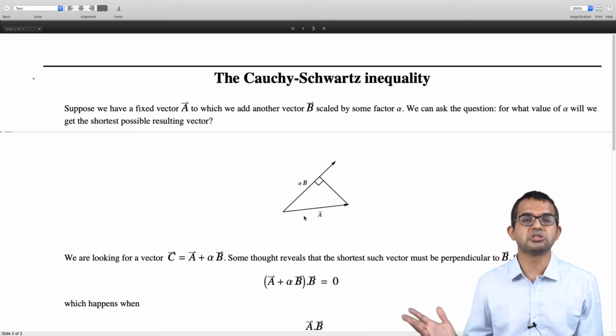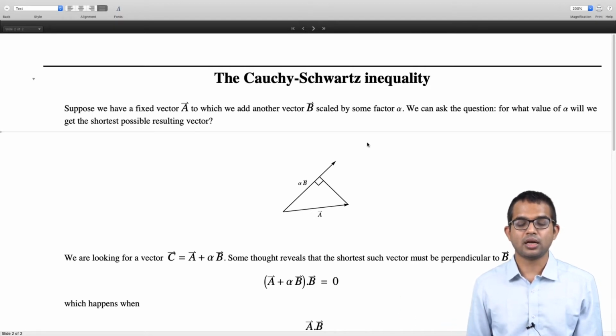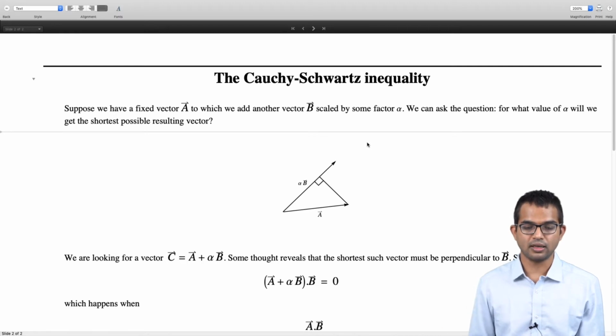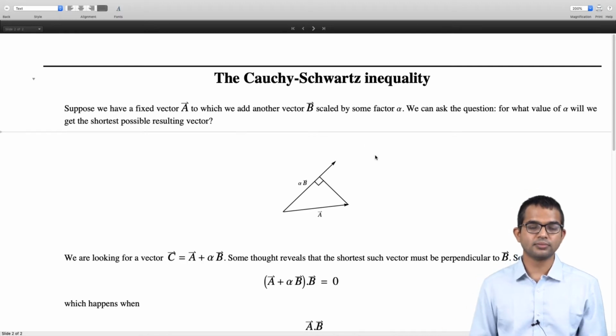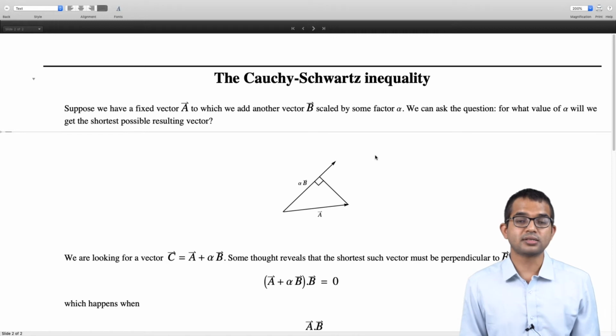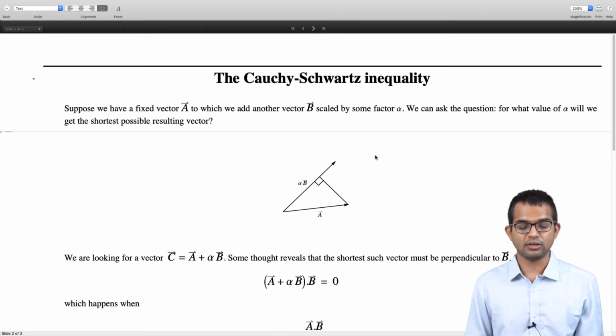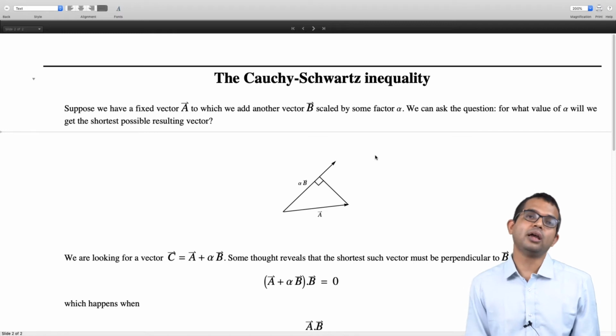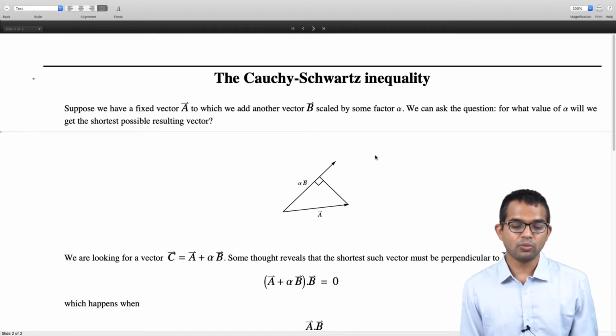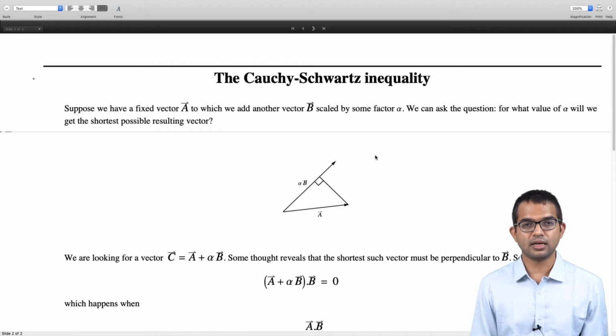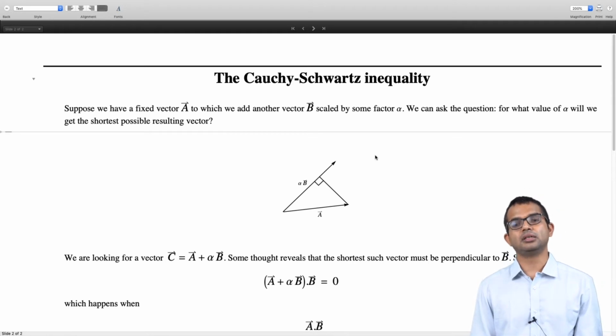There is a vector A which is pointing in a certain direction. There is another vector B which I am going to scale with a factor alpha, and I'm going to consider a third vector C that I can construct with the help of these two vectors, and I can come up with a vector C which is A plus alpha times B. Now I ask the question, how would I choose alpha such that the resulting vector C is the smallest possible in magnitude?